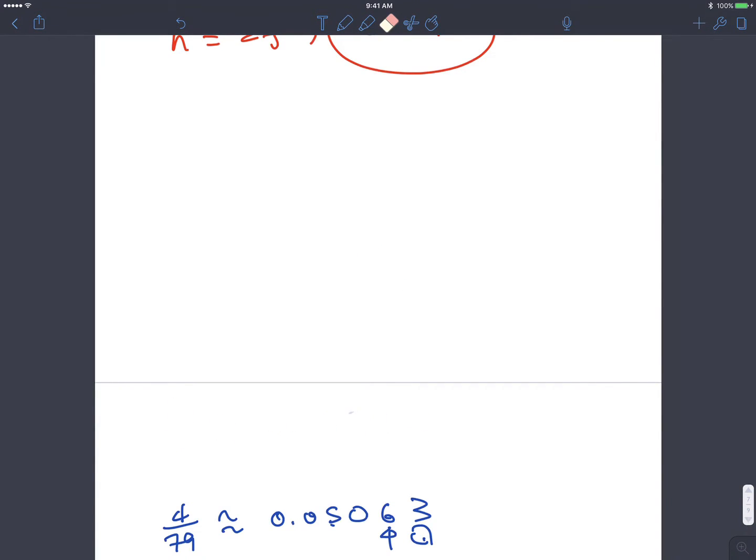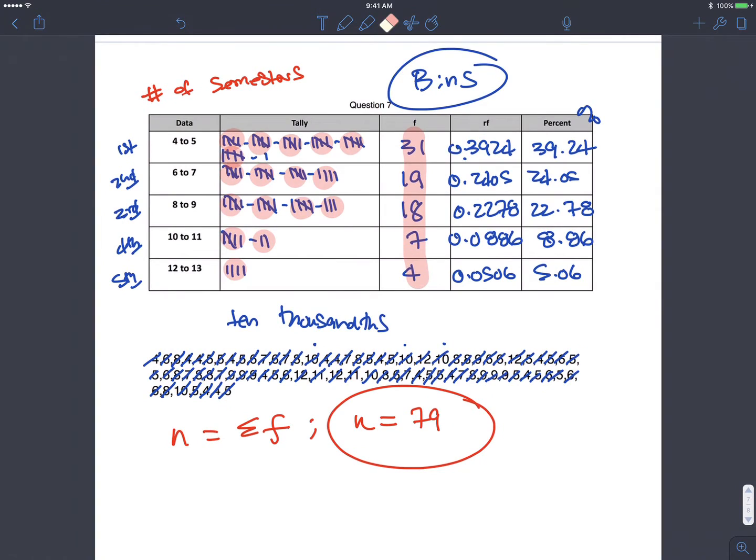And by the way, let me go back for a brief moment to discuss something important about this. The question here in A is to construct a frequency table using a bin width of 2 and the first bin having a lower bin limit of 4. Now let's remember bin width.